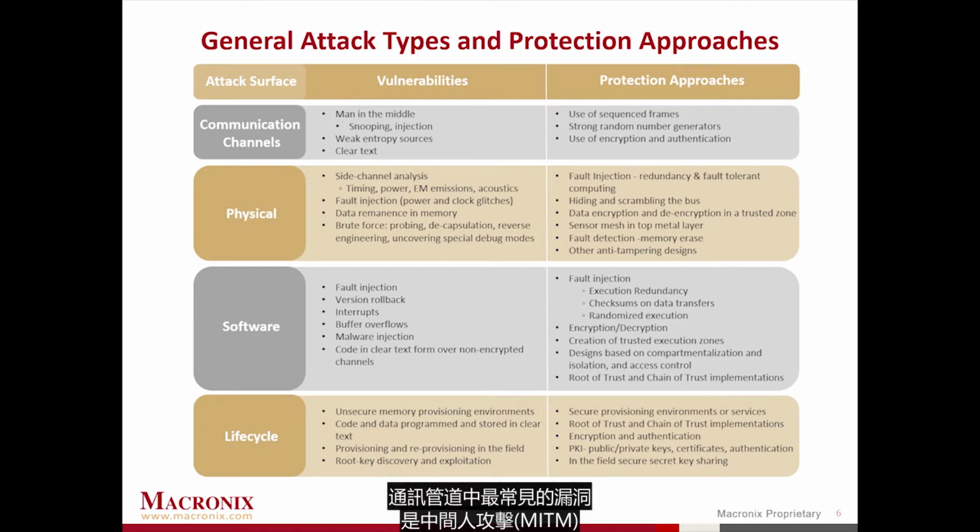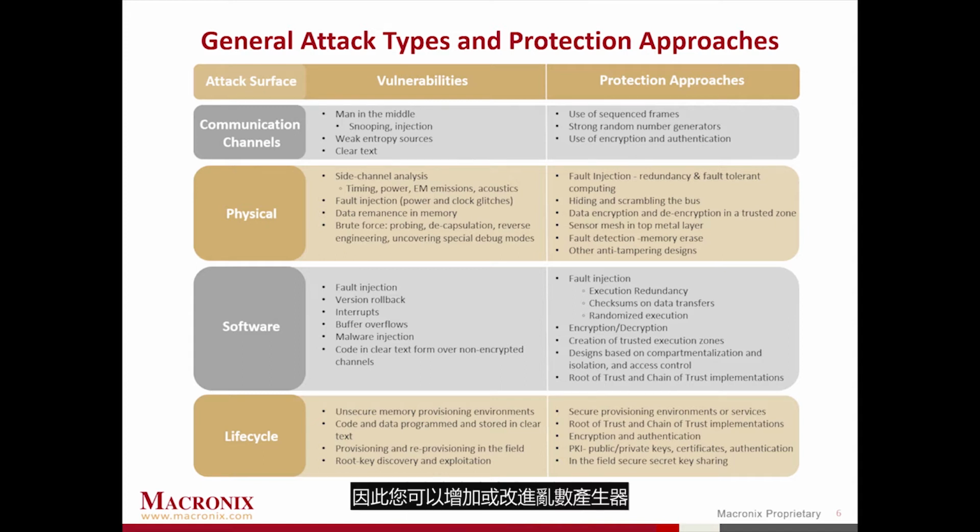So with communication channels, some of the more common vulnerabilities are man-in-the-middle attacks, for example, where a hacker studies the bus and inserts a packet that is used to confuse or trick the receiver. And so sequence frames are used along with monotonic counters to solve that problem. You could have a weak entropy source, entropy being defined as a level of randomness.